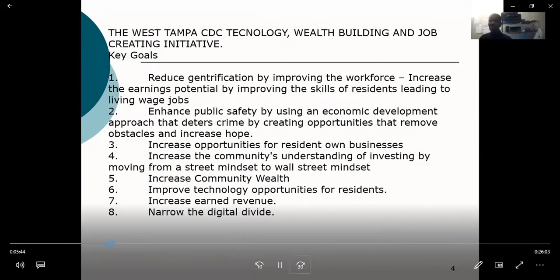Well, some of those initiatives, and it's coming out of what we got from the community, are to reduce gentrification and to increase public safety by using economic development that deters crime by creating opportunities that remove obstacles and increase hope.